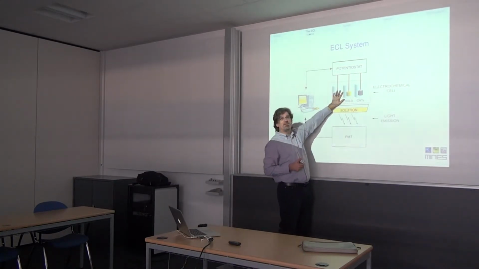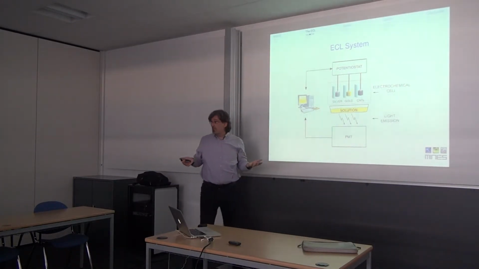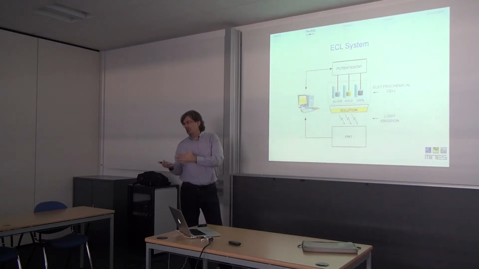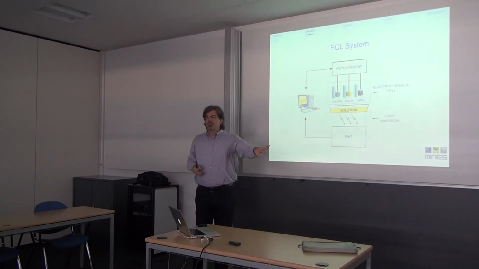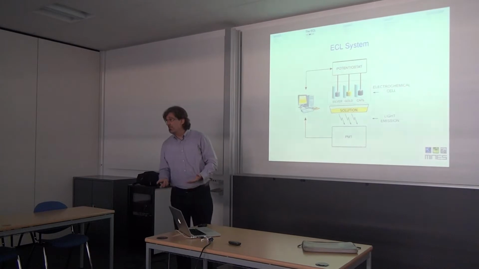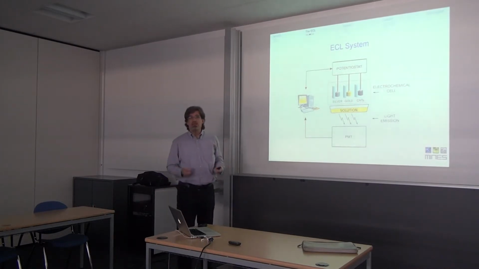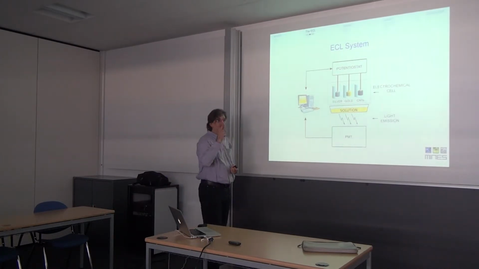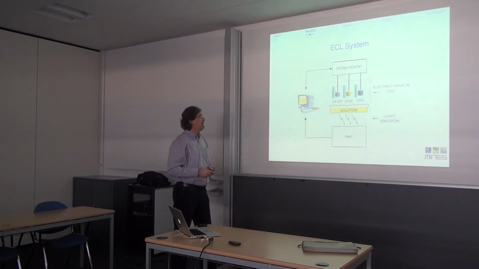The rest of the system remains almost the same, or we chose to leave it as it is because of doing comparison. By changing only the working electrode, the rest of the system stays the same, so I get the possibility of comparing the different solutions.